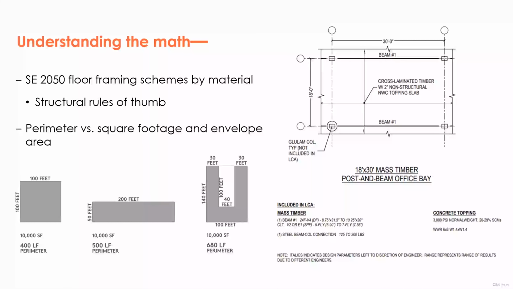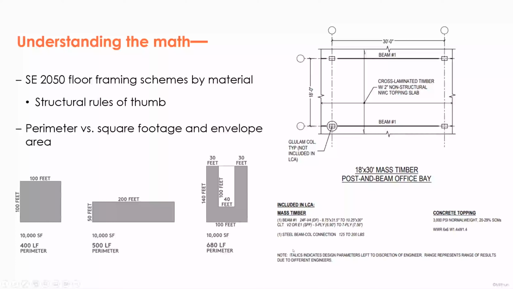And then, as Sean mentioned, the original calculator did not take into account any sort of building massing. You put in a square footage and it assumes it's a perfect square or a rectangle. This diagram here is showing you these are all 10,000 square feet, but how that 10,000 square feet is massed can have a pretty big influence on what the perimeter looks like.